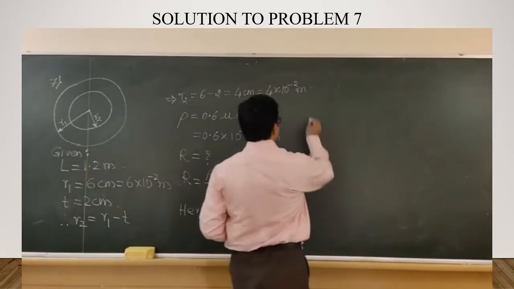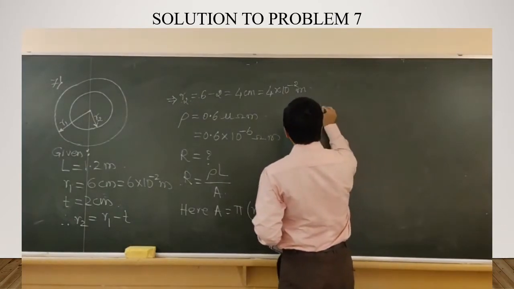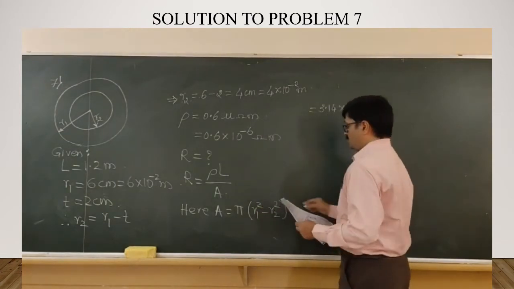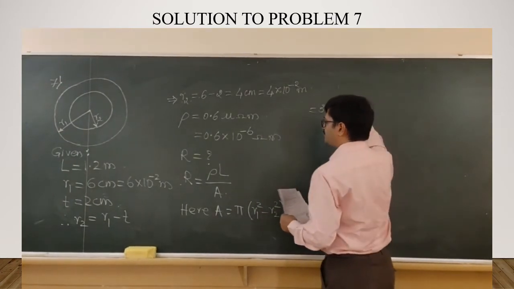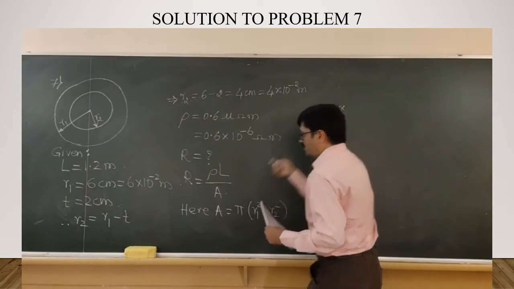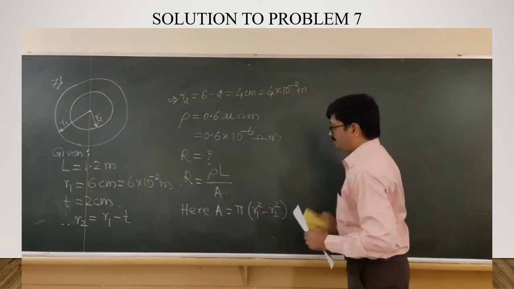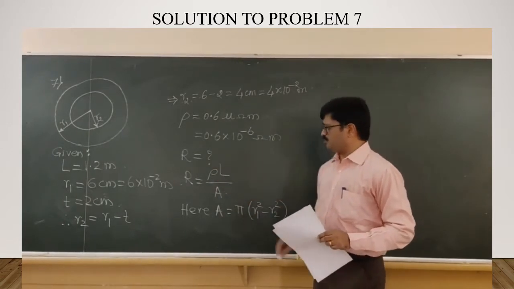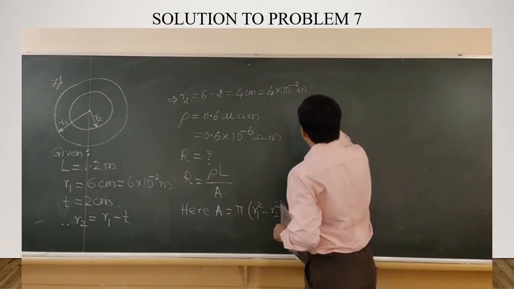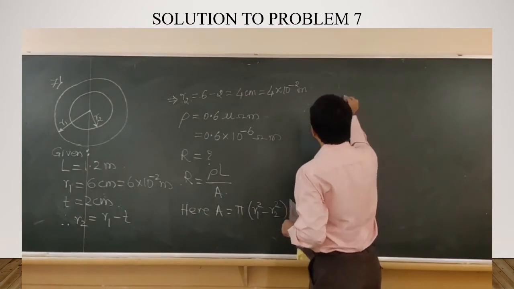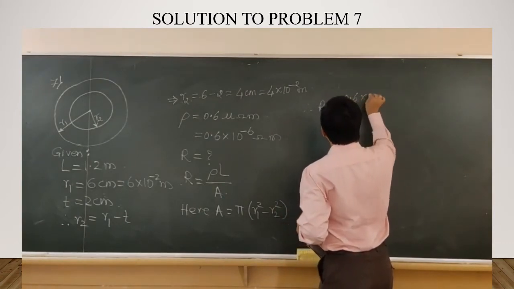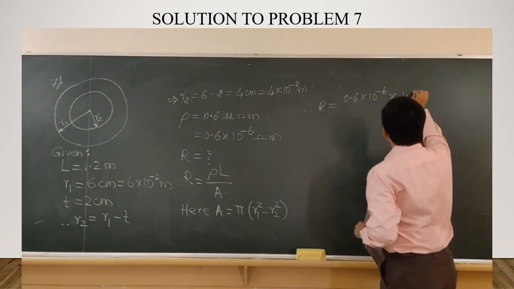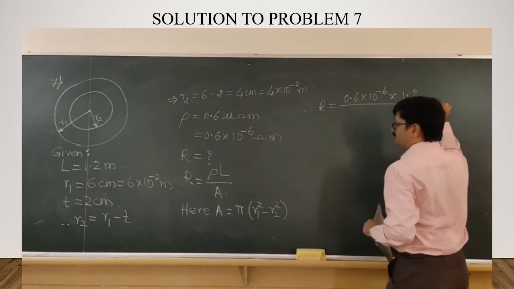So this is equal to pi, that is 3.14, into R1 square. Or else I substitute everything in the formula itself. Length is known, area is known to us, rho is known to us. Let us calculate the resistance. Therefore R is equal to 0.6 into 10 raised to minus 6 into length 1.2 meter divided by area.